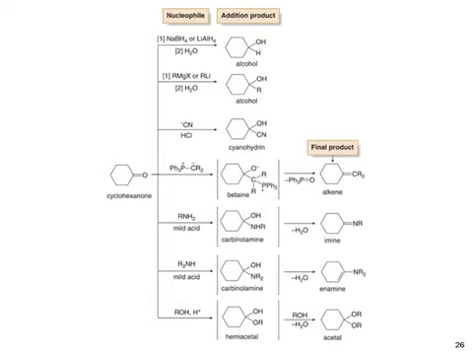Then a reaction with cyanide gives the cyanohydrin, and the next reaction with a Wittig reagent gives the alkene. The next reaction with a primary amine gives the imine, and the next reaction is with a secondary amine and gives the enamine. At the last, the carbonyl reacts with an alcohol group in the presence of acid and gives a hemiacetal, acetal, or ketal group.